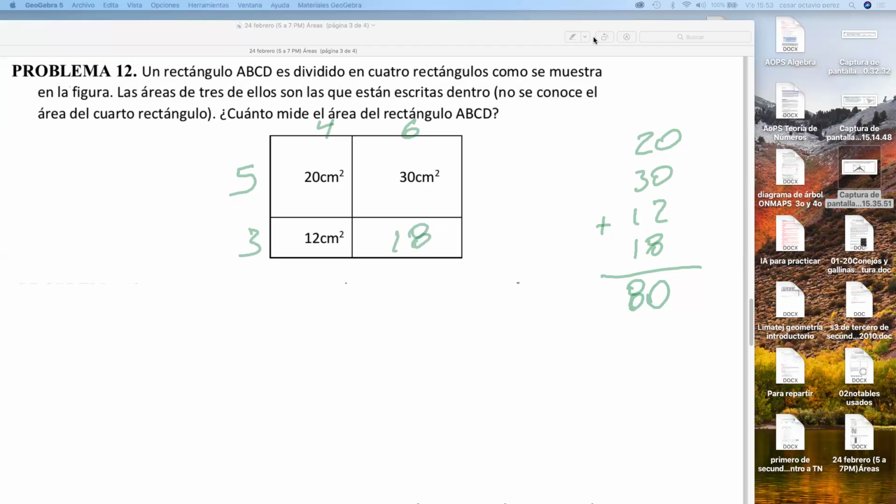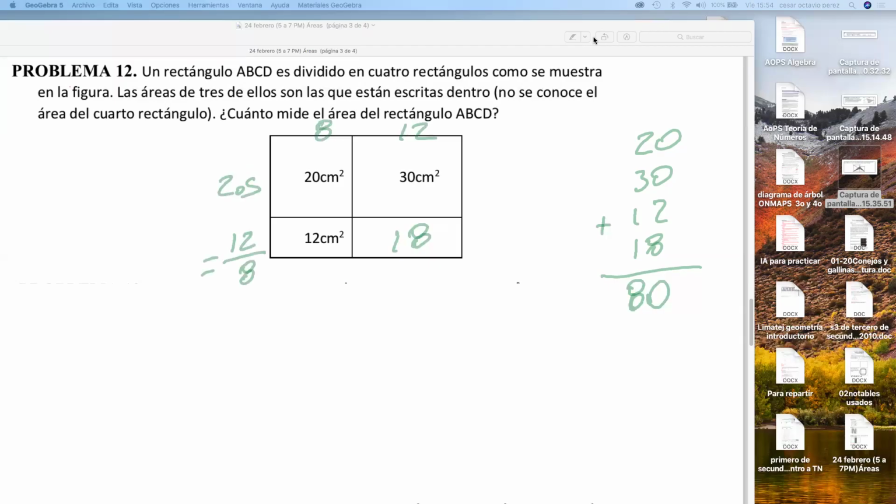Yes? Yes. But if we factor this 2.5 here, we will have here an 8. Here we will have a 12. And here we will have, I don't know, 12 divided by 8.